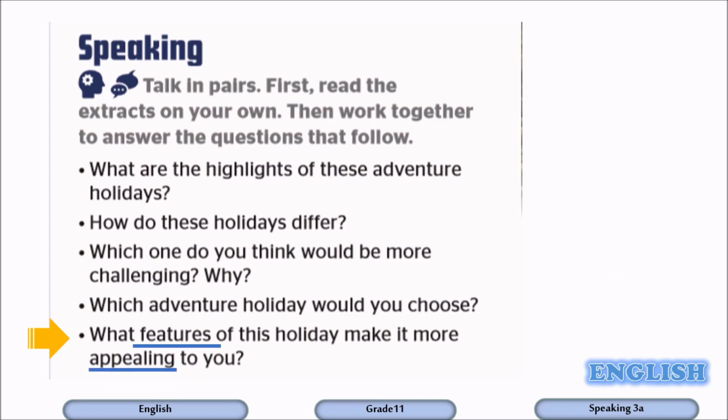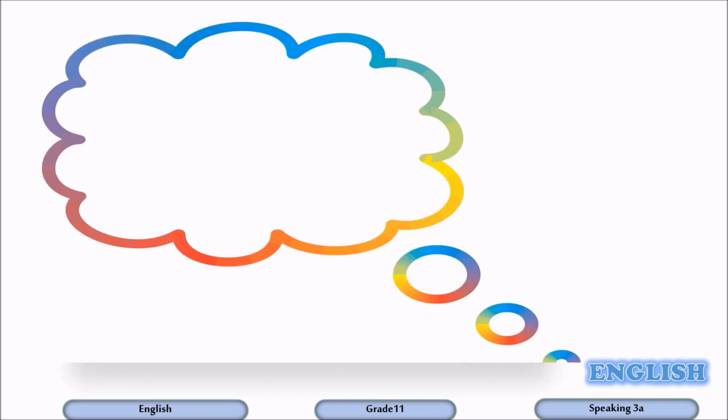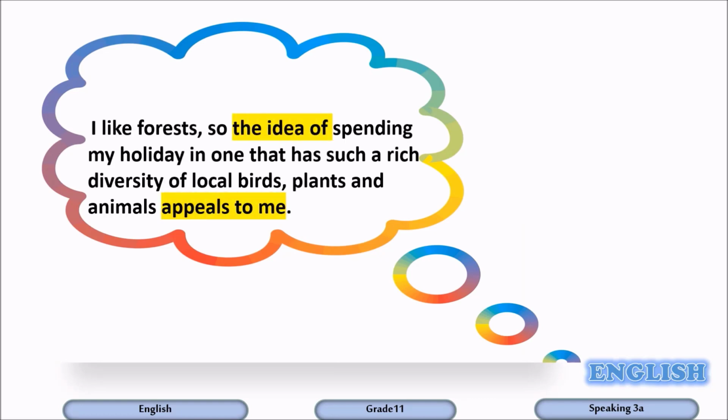Alright, let's share an answer. I like forests. Of course, this answer is personal and may differ from one person to another. You might like deserts, you might like Antarctica. So I like forests, so the idea of spending my holiday in one that has such a rich diversity of local birds.